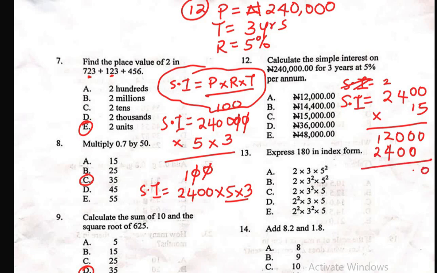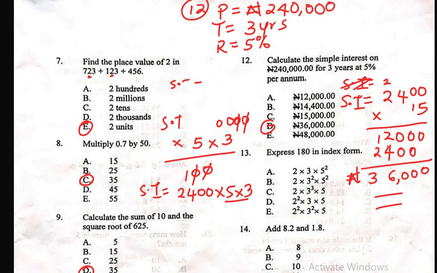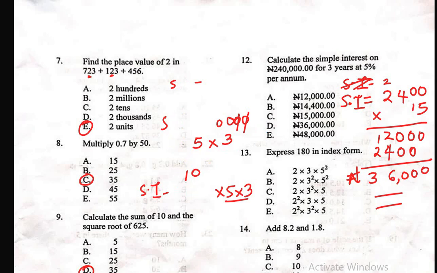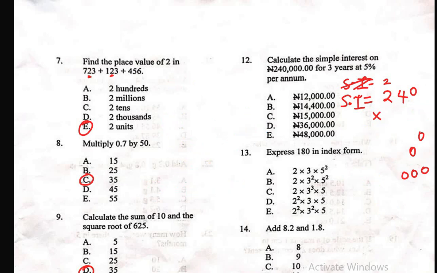So we have 0, 0, 0. 4 plus 2, 6, 2 plus 1, 3. So the simple interest, put your unit, is 36,000 naira, which is option D. Alright, so I'm going to wipe the board and then we'll move straight to question 13. We said this is D.